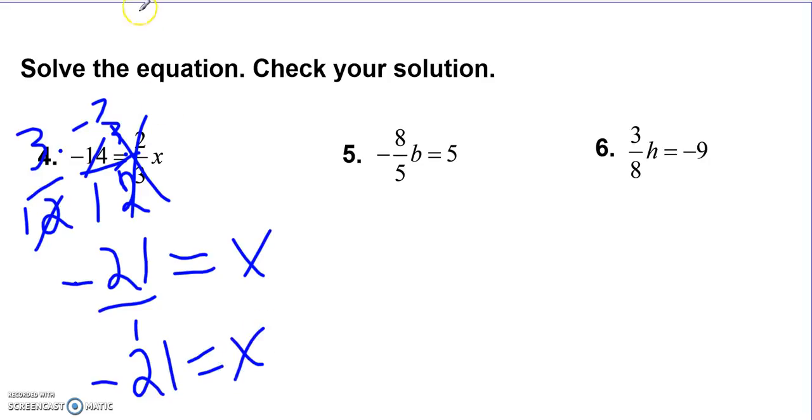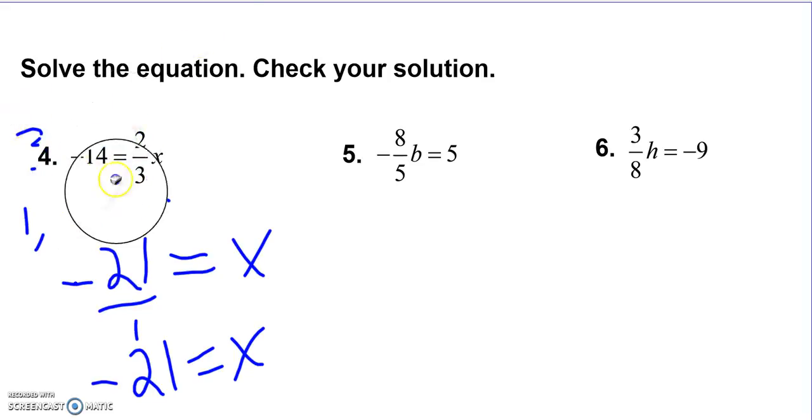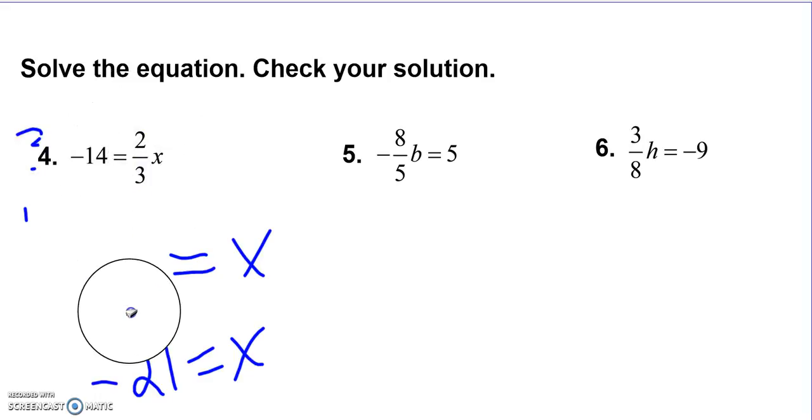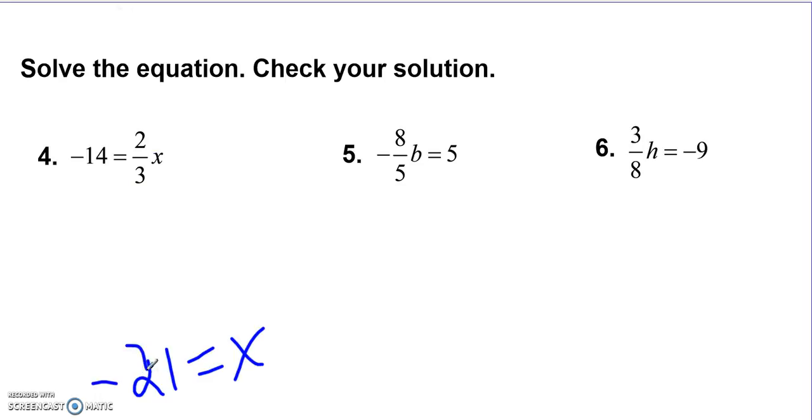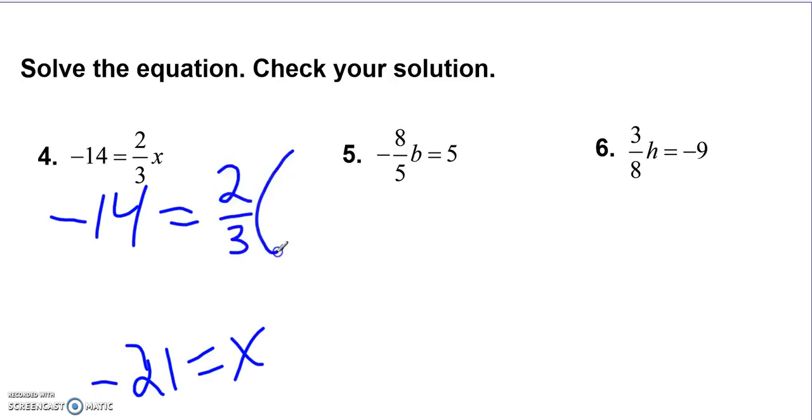Okay, and now I'm going to check that. I'm going to erase everything first so I can see better. I'll keep the answer though. Okay, -21. So I'm going to have -14 equals 2/3 times -21.